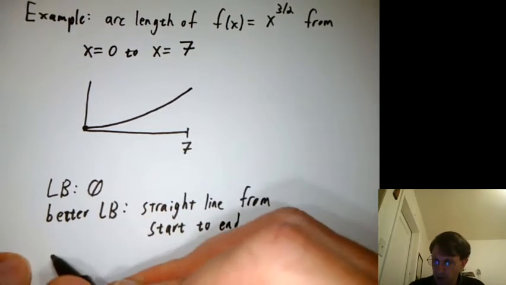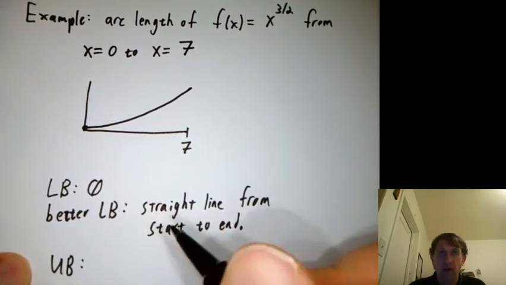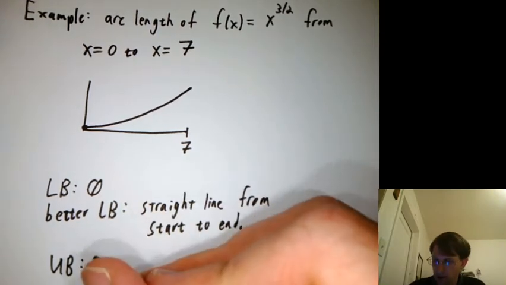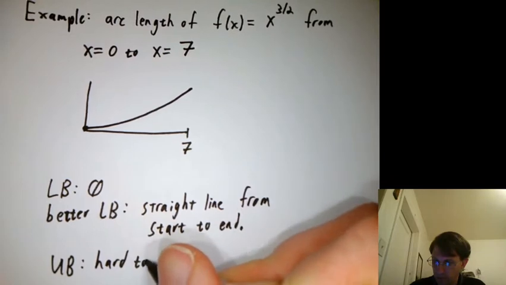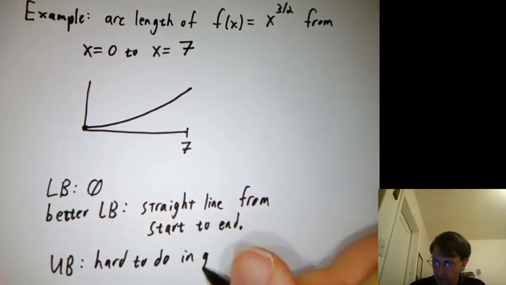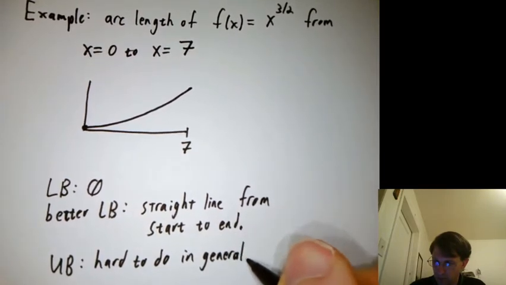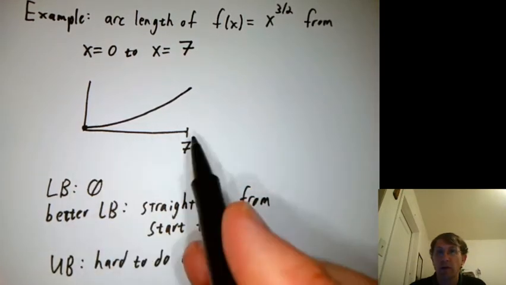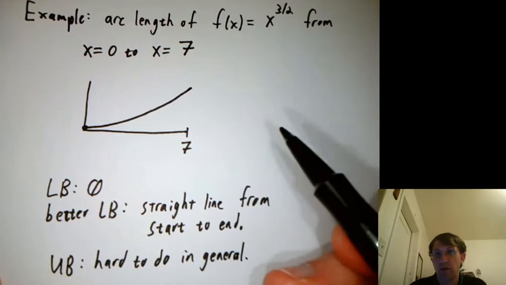How about an upper bound? Well, it's actually hard to get a good upper bound generally. If it has this shape, you might say, well, going straight over, and then straight up would be reasonable, I think.